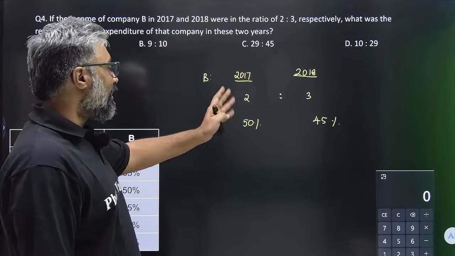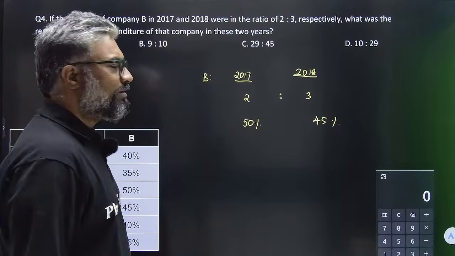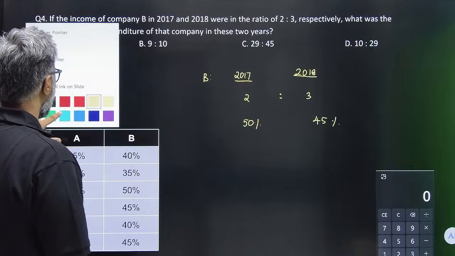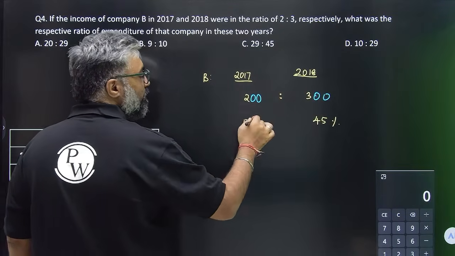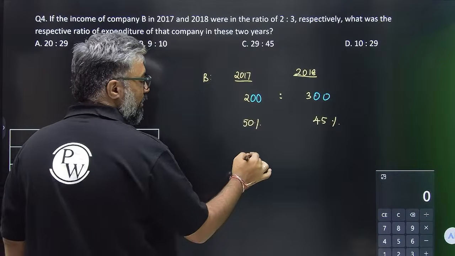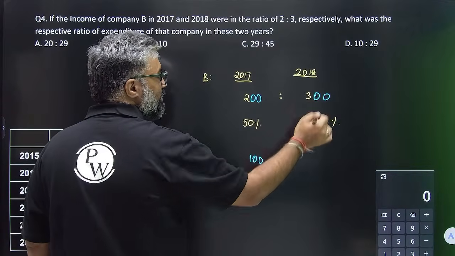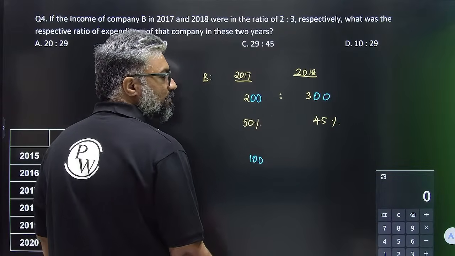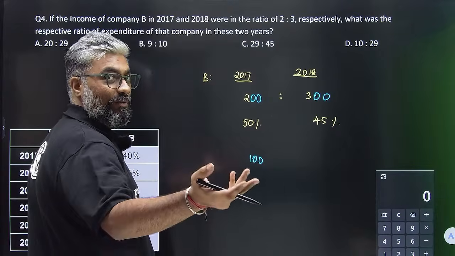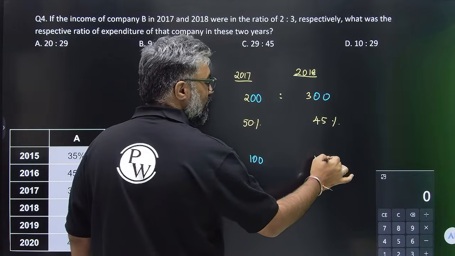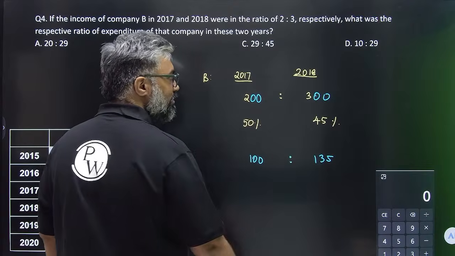Yes, so I can just do the same thing. This is 200, this is 300. What's 50% of 200? 100. What's 45% of 300? 45 three times, which is how much? 90 plus 45, 135. So the ratio is 100:135.